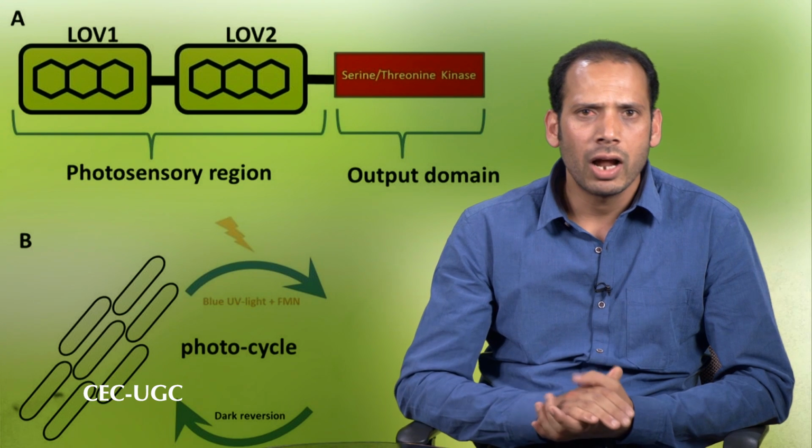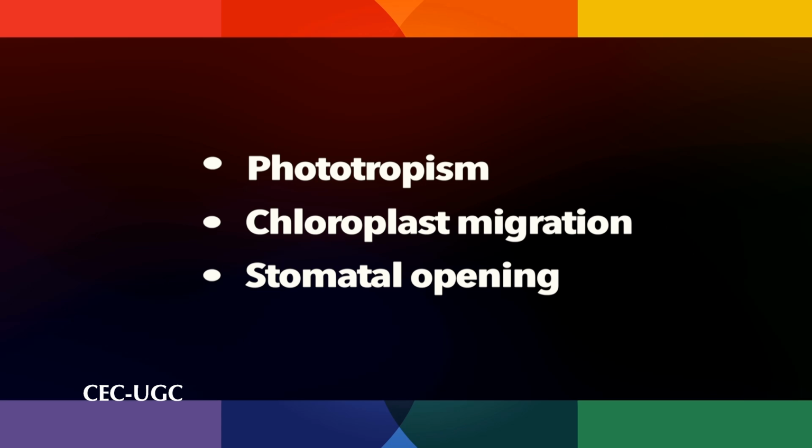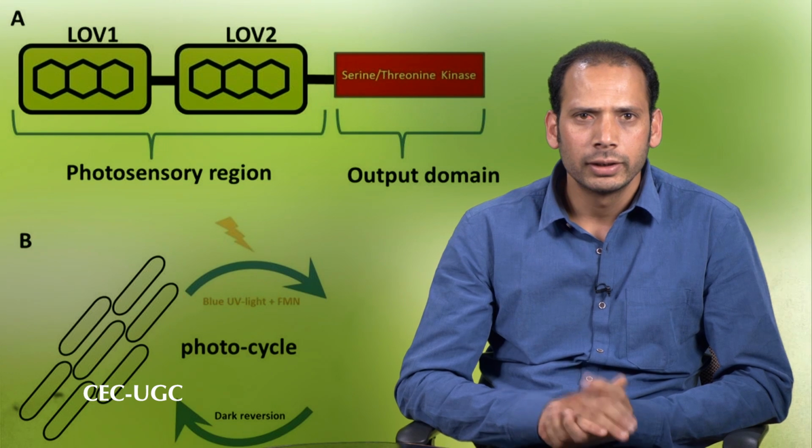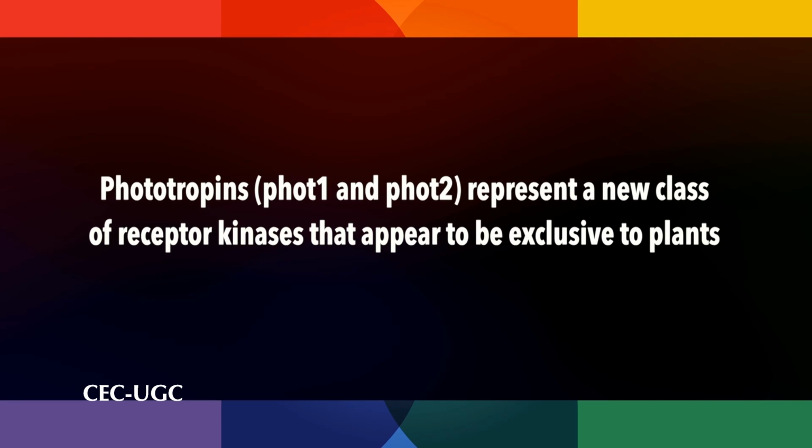The blue light and ultraviolet A light regulate a wide range of responses in plants, including phototropism, chloroplast migration, and stomatal opening. However, the photoreceptors for these light responses have been identified only recently. The phototropins, that is Phot1 and Phot2, represent a new class of receptor kinases that appear to be exclusive to plants.